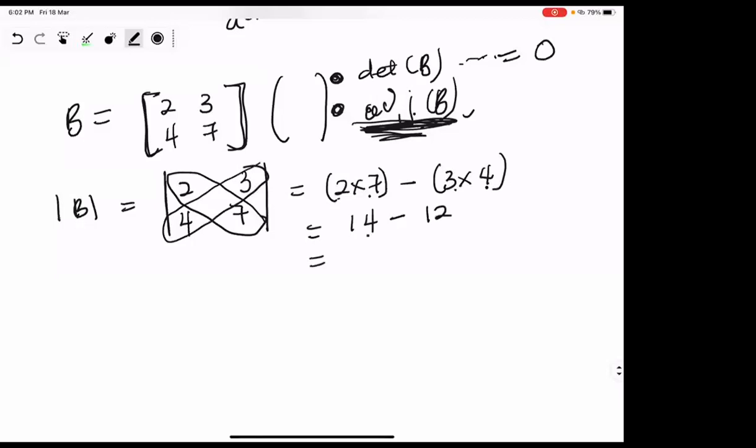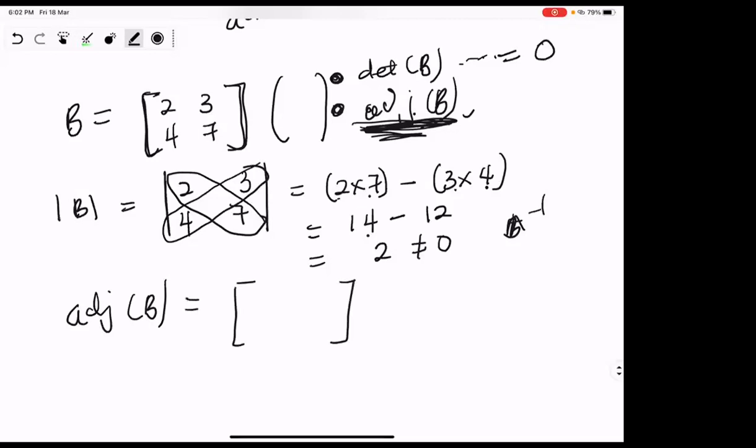So 14 minus 12 is 2. This is a non-zero number, and so it means that the inverse exists. Therefore, matrix B is invertible, or non-singular. So we find the adjoint of B since the determinant is non-zero.